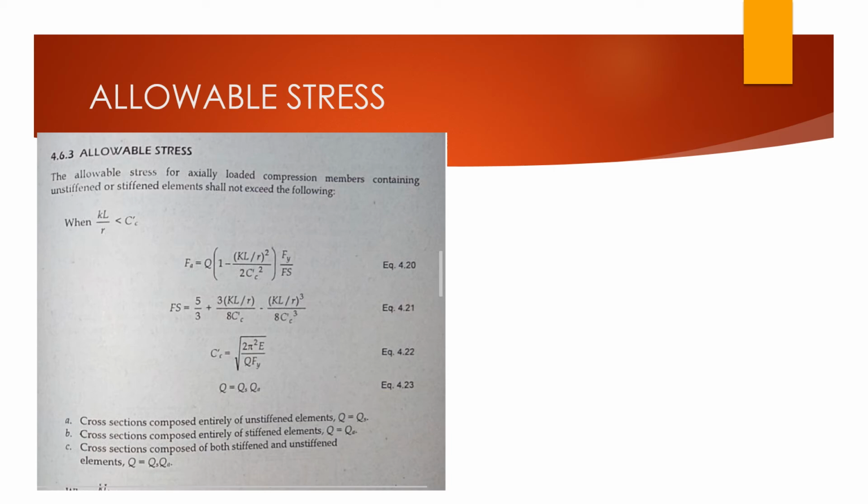When KL over R is less than Cc, Fa is equal to Q times 1 minus KL over R squared over 2 Cc squared times Fy over FS, where FS is equal to 5 over 3 plus and Q is equal to Qs and Qa.